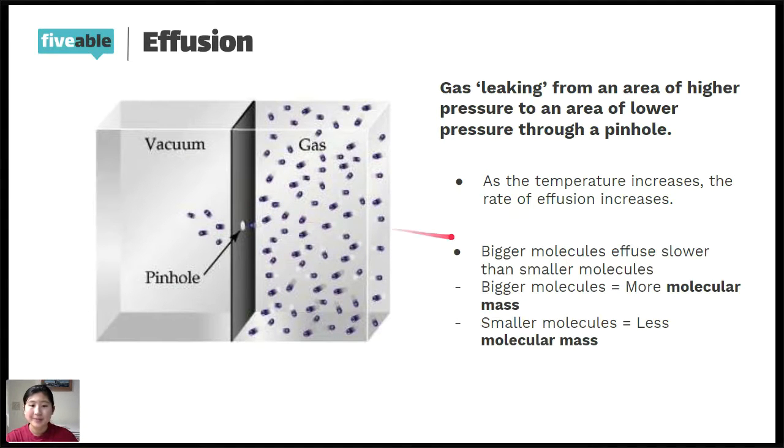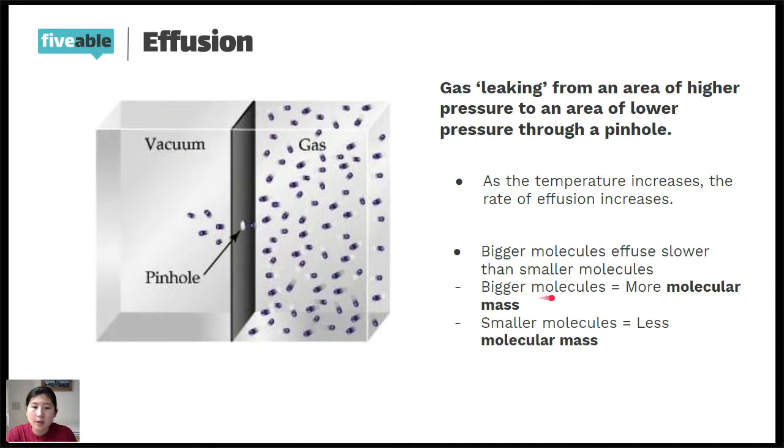Okay, another rule here is bigger molecules effuse slower than smaller molecules. So think of this as an escape hole, right? The bigger molecules are going to go through the hole a bit slower because maybe less of them can fit through at the same time. However, smaller molecules, like hydrogen, which is the smallest gas molecule there is, hydrogen will be able to fit in, probably like 5 moles of hydrogen gas can fit in at the same time, so they will effuse much faster.